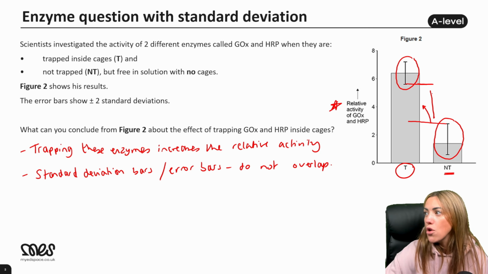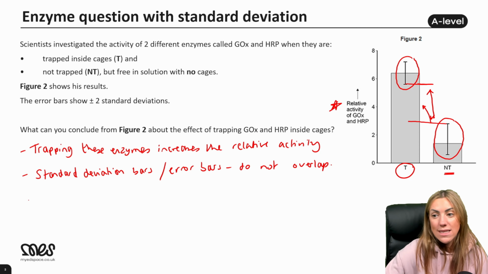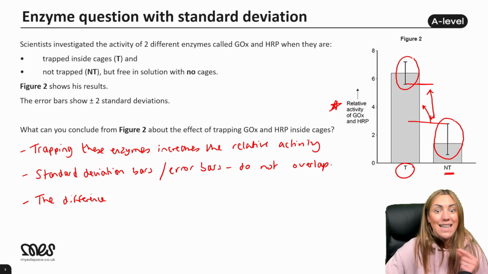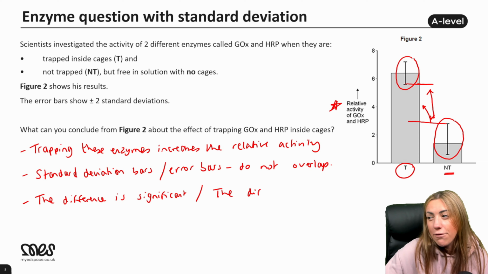So there's no overlap between those standard deviations or between those error bars. Now, what does this mean? If there's no overlap in the standard deviations, it means the difference, so in this case, the difference in the relative activity of the enzymes is a significant difference, or we could say the difference is not due to chance.